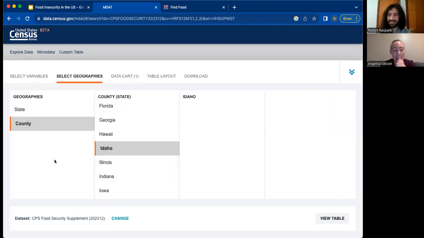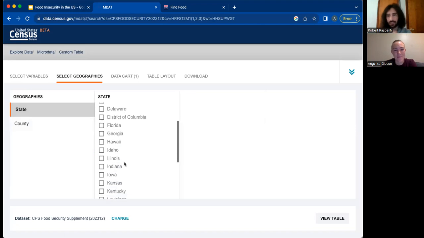Okay, so apparently Idaho had too low of a sample size. Sometimes if they don't have enough respondents for certain locales, they won't provide it. They won't give you an option. So the best we could do is the state level, and that's how you would just do the state.